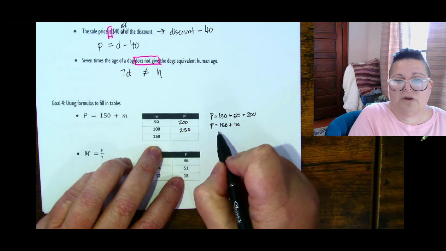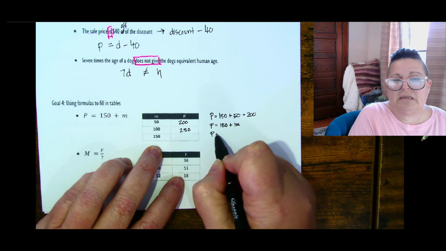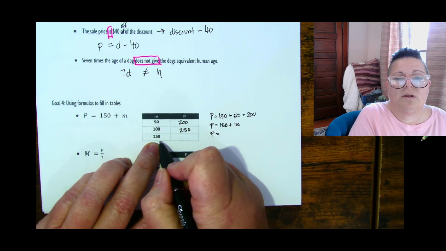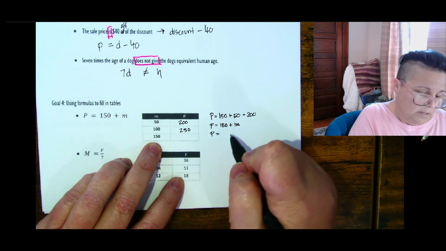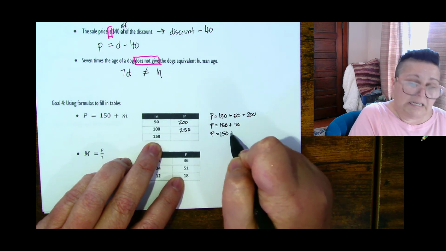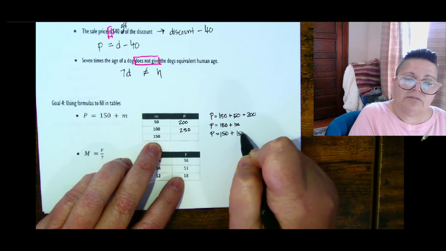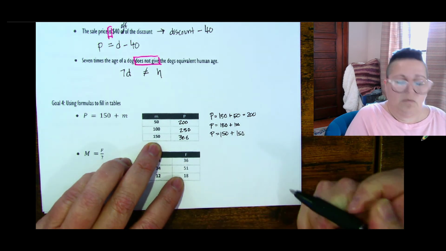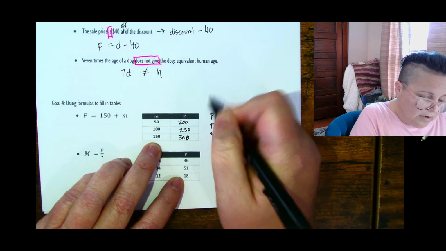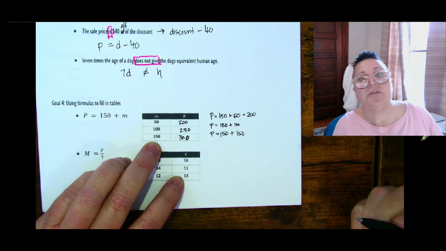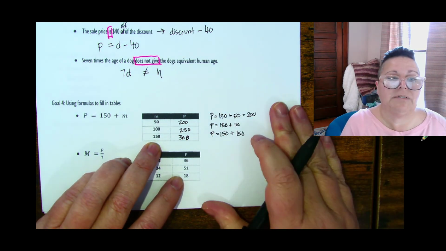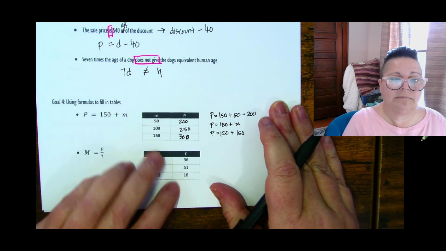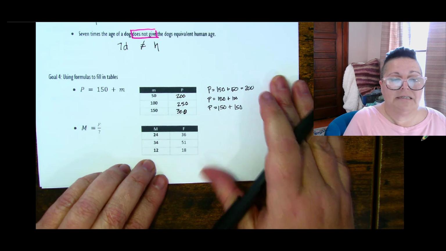For the third trial, P is 150 plus, and I'm going to put this 150 in for that M. So I'm going to have 150 plus another 150, and that's going to be 300. So my 3 answers here are 200, 250, and 300, and I was able to fill in the table to get the different data. The last example.